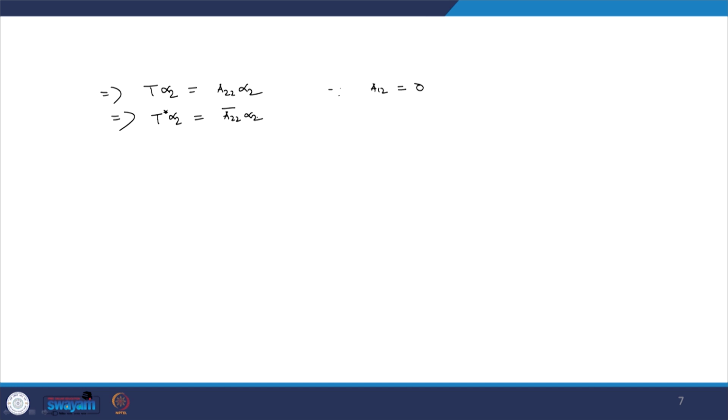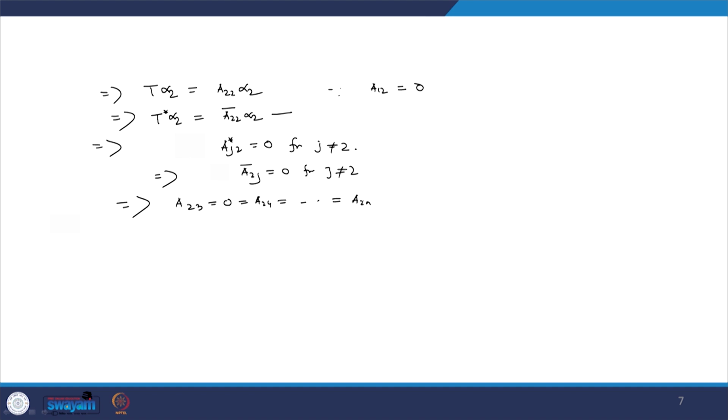Now, using the previous results, okay, then this implies Aj2 bar equal to 0 for j not equal to 2. So, this implies A2j bar equal to 0 for j not equal to 2. So, this implies A23 equal to 0, equal to A24, and A2n also.